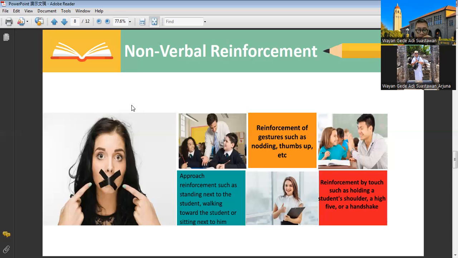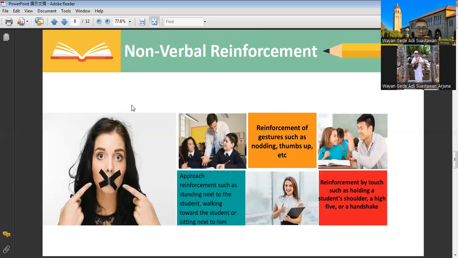Let's say, for example, when the teacher says "good" to the students, at the same time the teacher also points his thumb at the students. However, this non-verbal reinforcement does not always have to be carried out at the same time as verbal reinforcement.